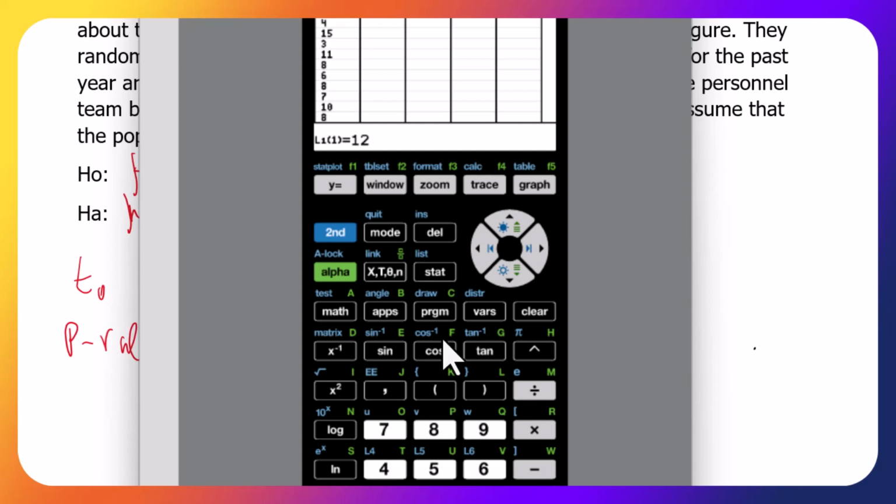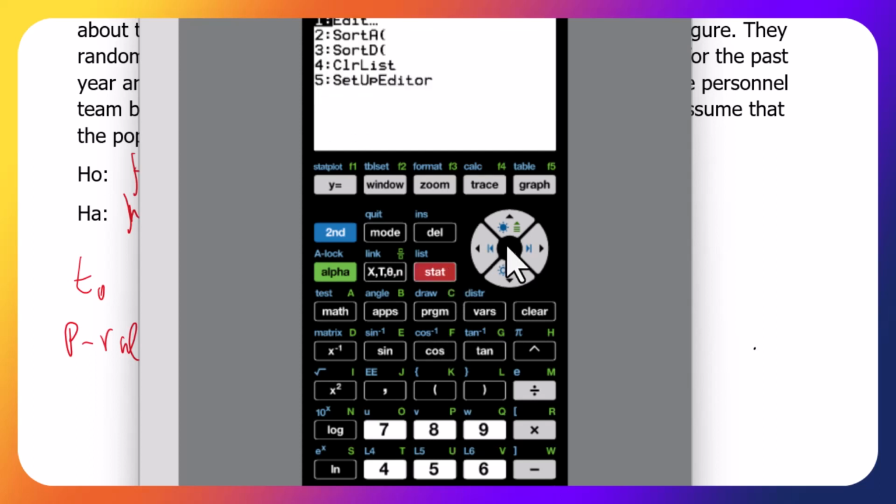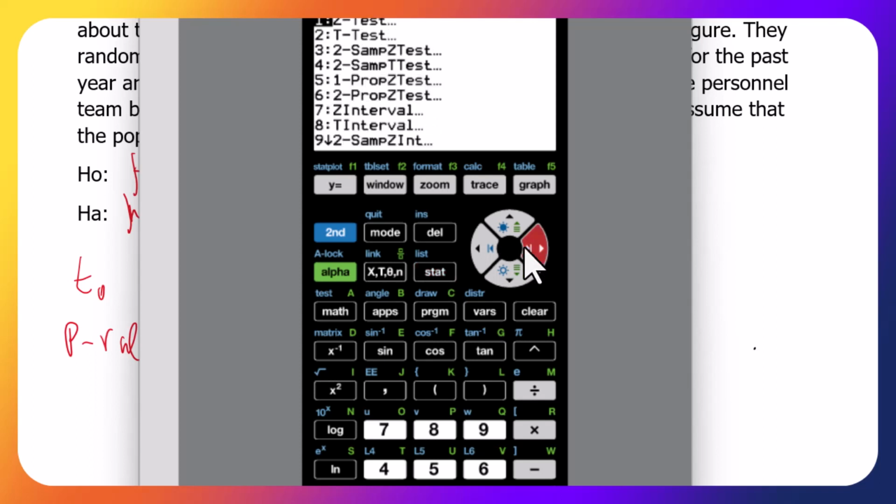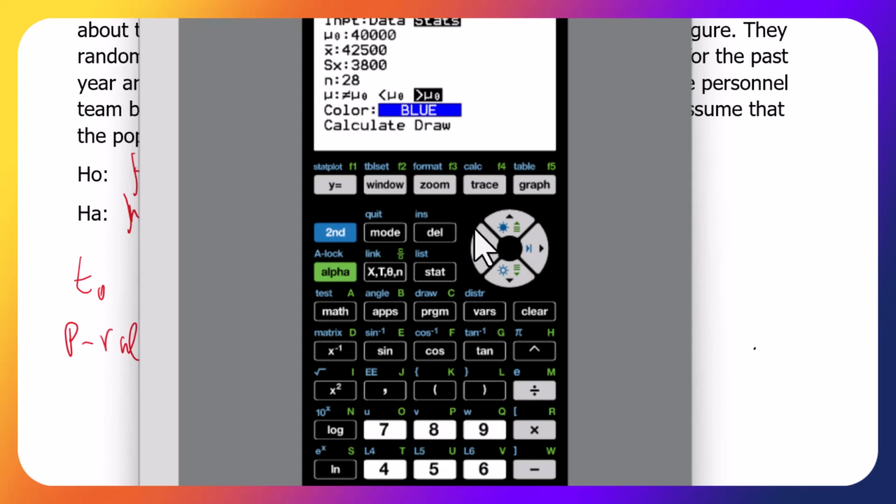And now I'm going to go to stat, tests, and it's a t-test unless he gives you explicitly the population standard deviation, tells you to assume that the population standard deviation is known to be, etc. Then you will always use the t-test. Otherwise, if he gives you the population standard deviation, you use z-test. So t-test, enter. Okay, now we have data, guys. Enter.